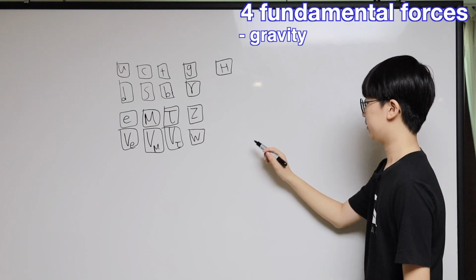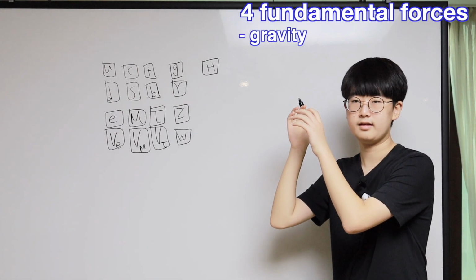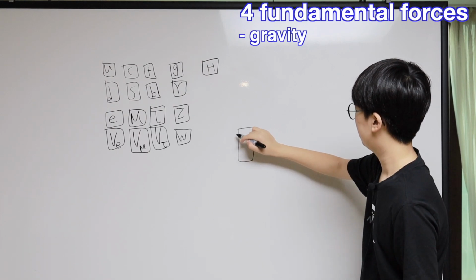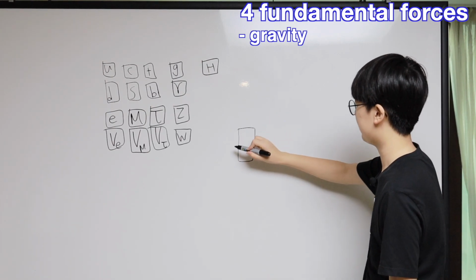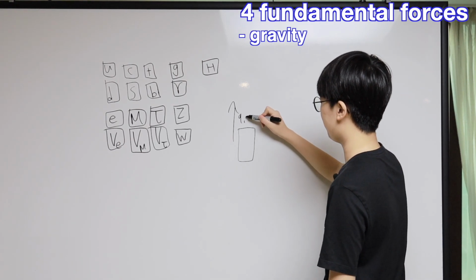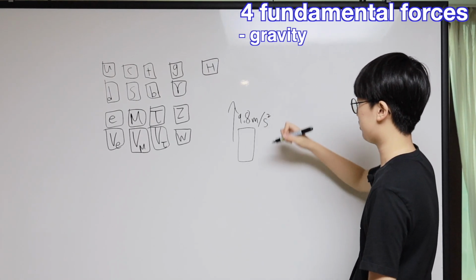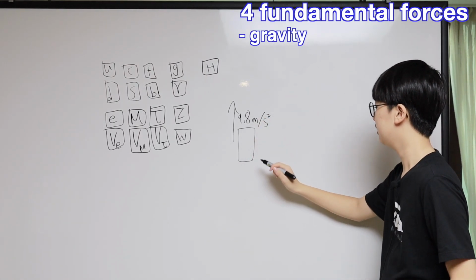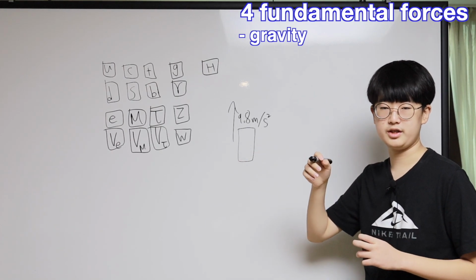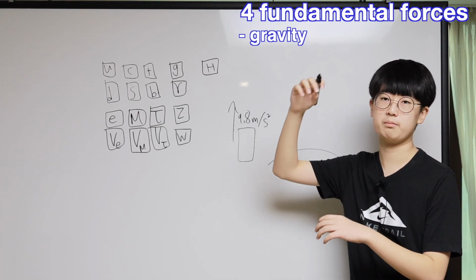And now, firstly we have to think about an accelerating rocket or accelerating box. Here's a box that is accelerating upwards at 9.8 meters per second squared, which is the same rate of acceleration as something dropped on Earth.